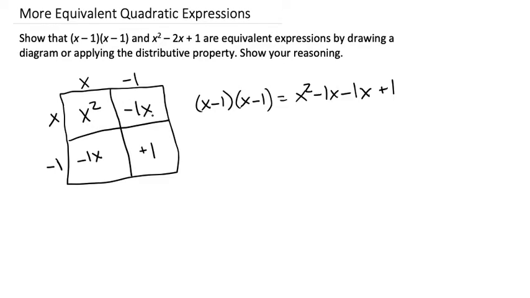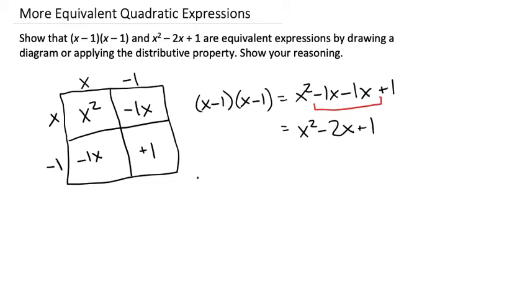So it can't really be a rectangle, but we can make one of the sides negative, and then that'll just give us a negative area. So when we combine our like terms, we have -1x and -1x. That's going to give us x squared minus 2x plus 1.